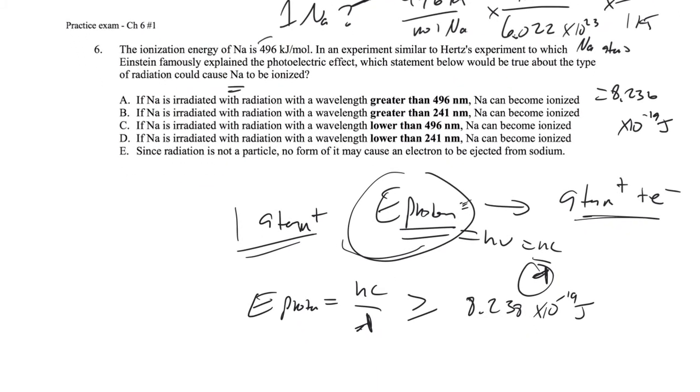And so if I do my cross multiplication, put lambda over here, you see how now I want my lambda to be less than or equal to hc divided by this energy here, 8.236 times 10 to the minus 19 joules.